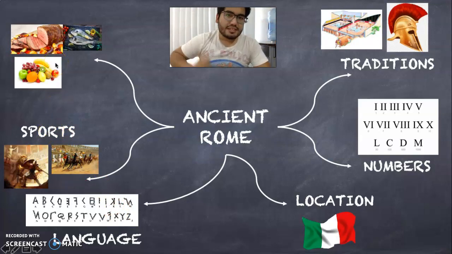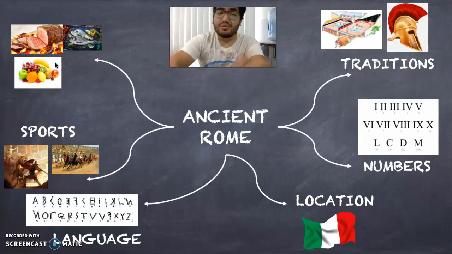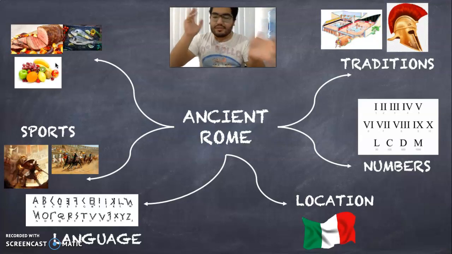The meals, yes, why not? So, this is the tool that we're going to use to remind us about what we learned about ancient Rome. Esta va a ser la herramienta que nosotros vamos a usar para recordarnos de la Roma antigua. As you can see, I put pictures of yo puse imágenes acerca de lo para recordarme. Esto es lo otro.